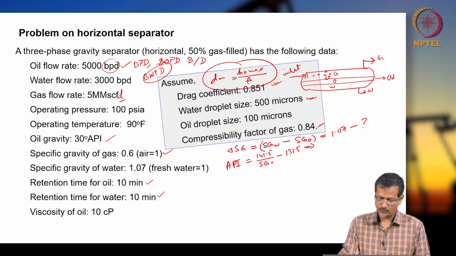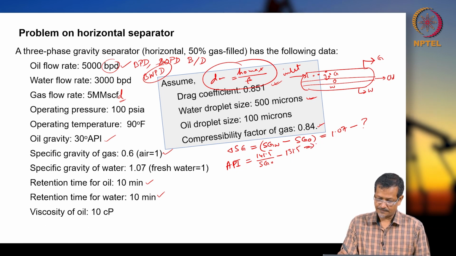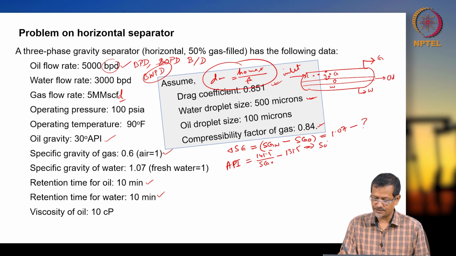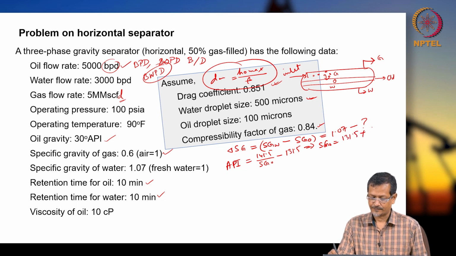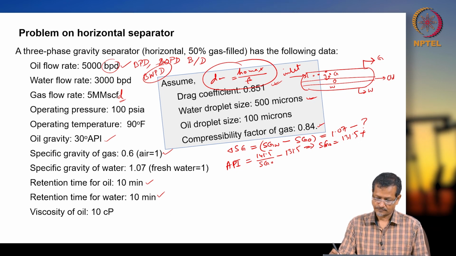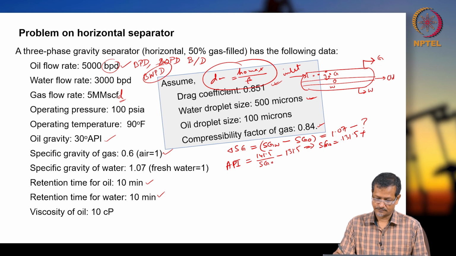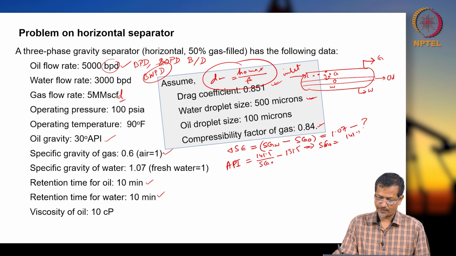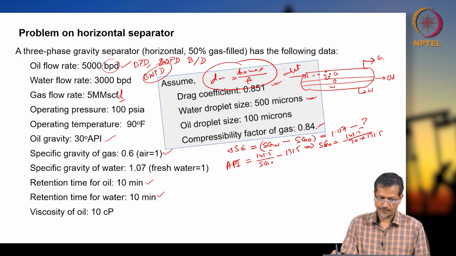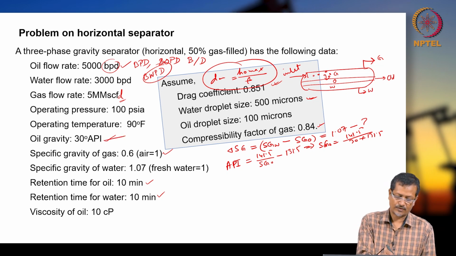If I manipulate this, Sg oil equals 141.5 divided by 30 plus 131.5, because 30 is the degree API already given here.